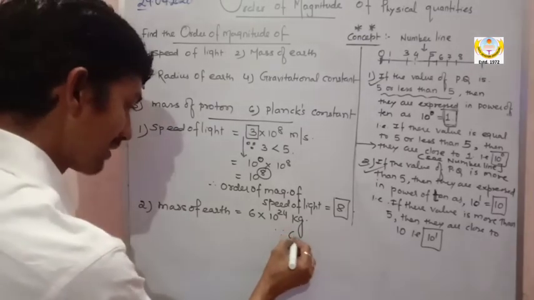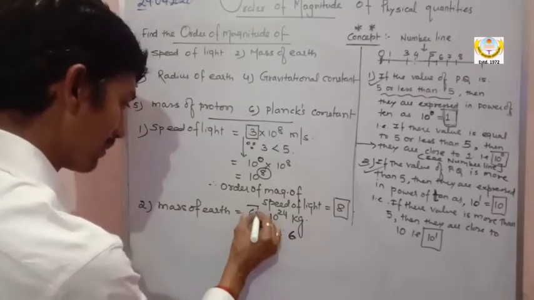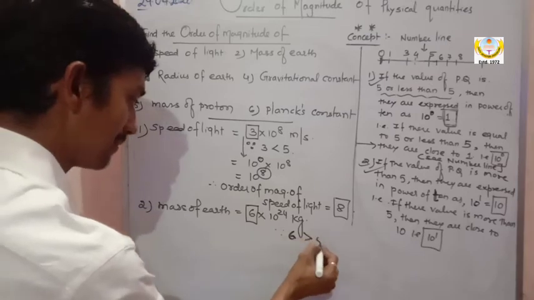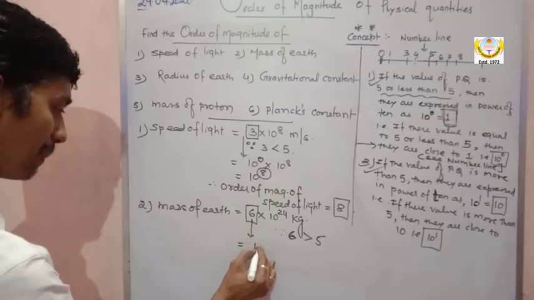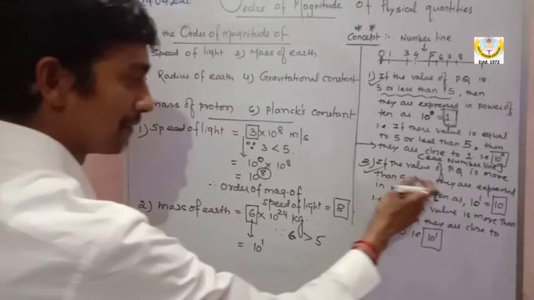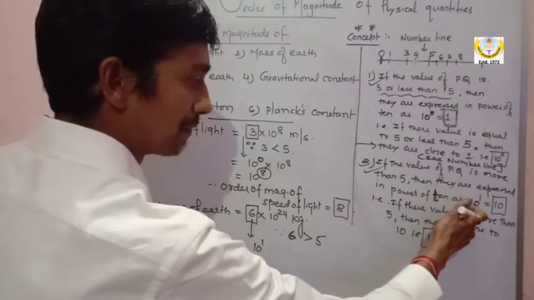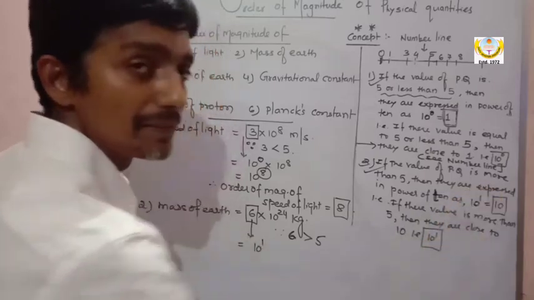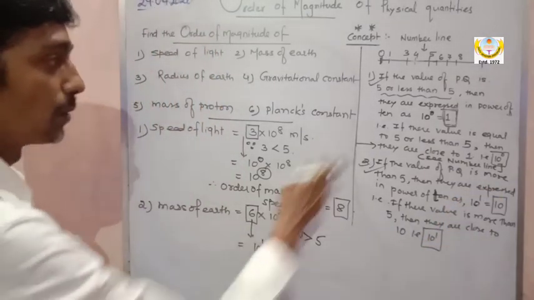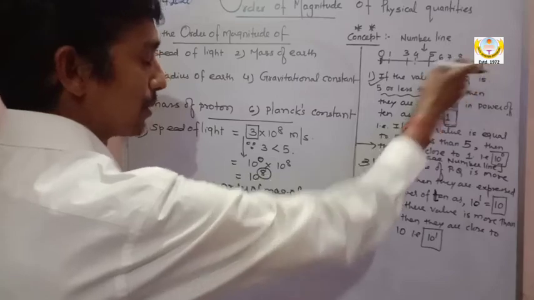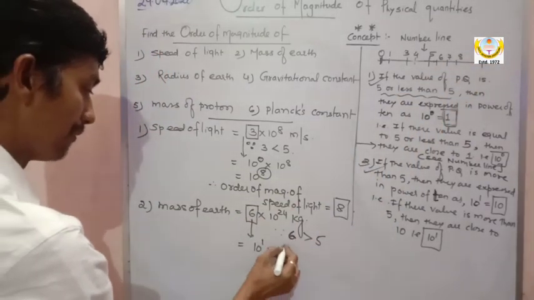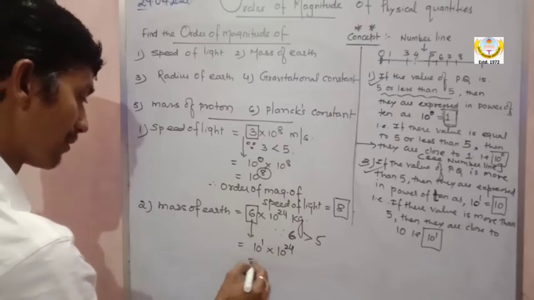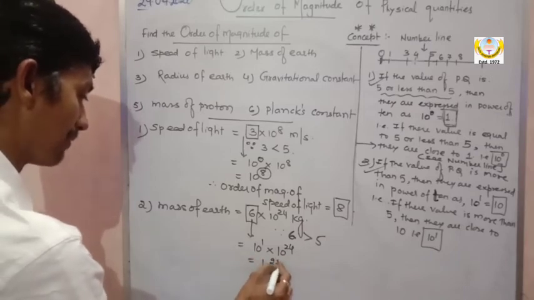Since this number 6 is greater than 5, here I can write 10 power 1, because if it is greater than 5, then it is expressed as a power of 10 as 10 power 1. So this 6 is close to 10, and I will write it as 10 power 1 into 10 power 24. The answer for this will be 10 power 25.